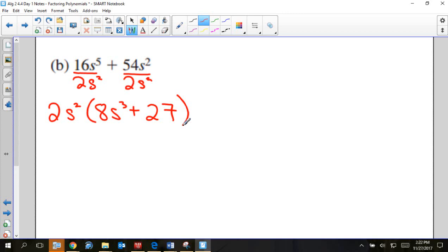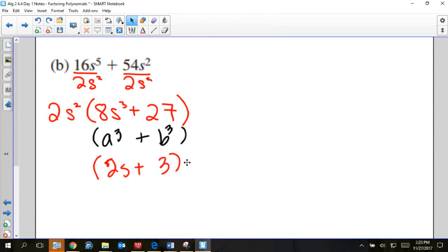Well, what would be the cube root of 8? 2 is correct. What's the cube root of s cubed? 2s plus, and what's the cube root of 27? 3. I just put that in the wrong spot though. Move it over a little bit.